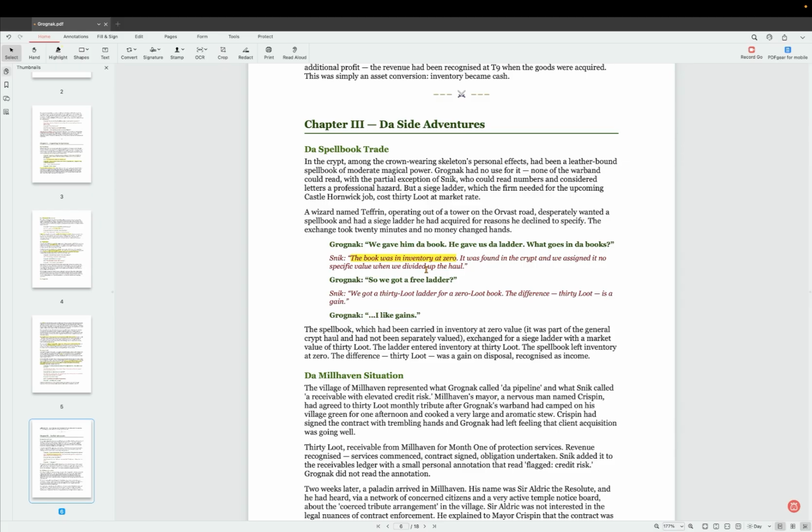Later, the spellbook is exchanged with a wizard named Tefrin for a siege letter that cost them 30 loot at the market rate, right?